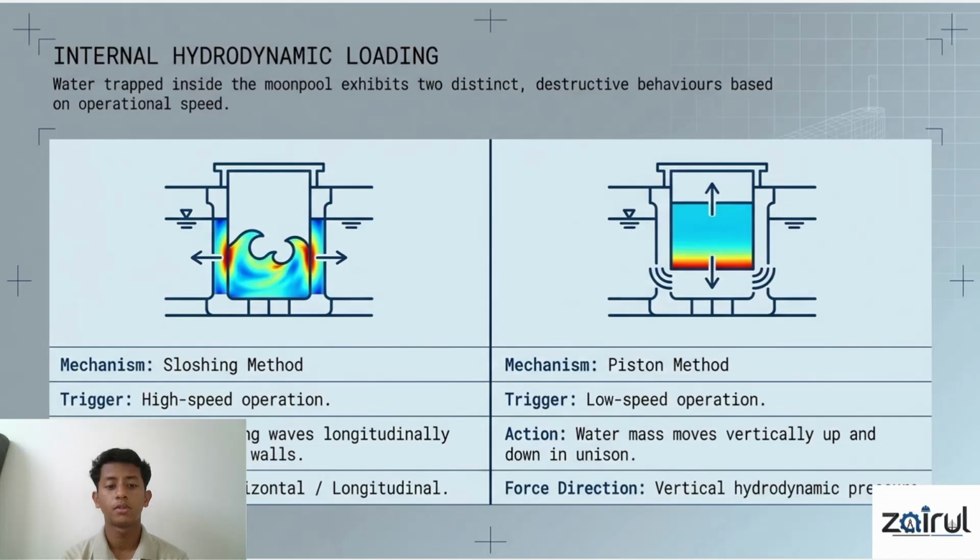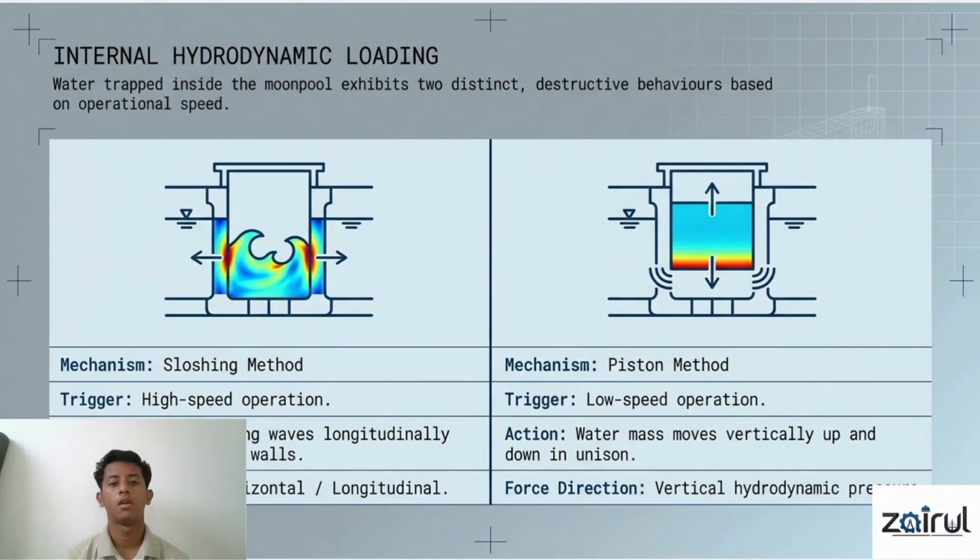This produces fluctuating internal pressure. In the moonpool, there is pressure from the water inside it. And the second loading condition is hydrostatic pressure, which means the water pressure acts vertically on the hull due to immersion. This loading condition represents a realistic operating environment for an unmanned surface vehicle.